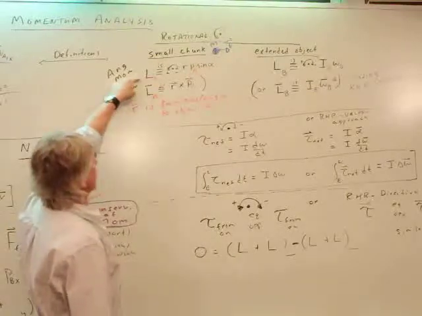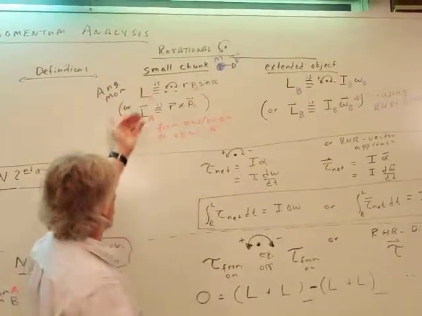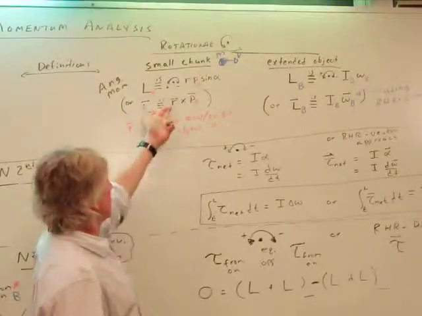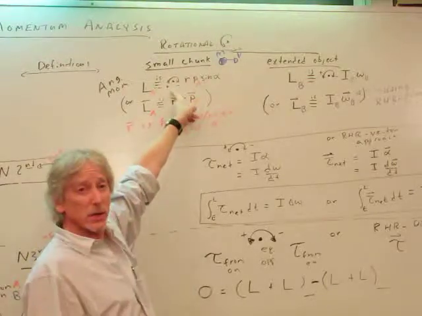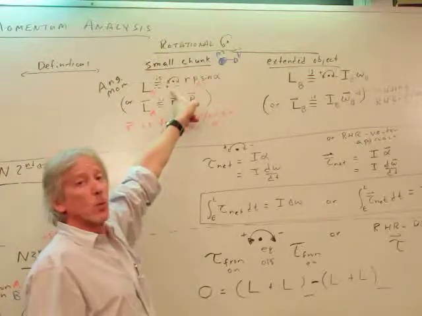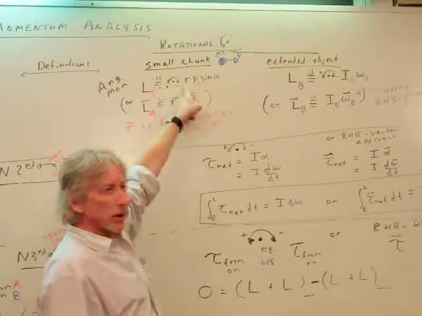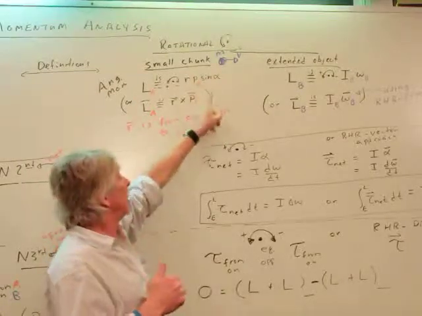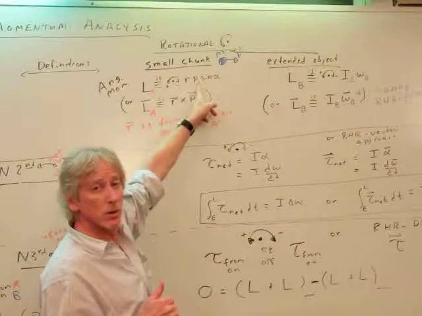Okay, so what's the definition? Well, it's kind of like torque is R cross F. Angular momentum is R cross momentum. Or, if you use plus and minus clockwise, counterclockwise, which you do anytime you can, then it is R, momentum, mv, good old mv, times the sine of the angle between those two.